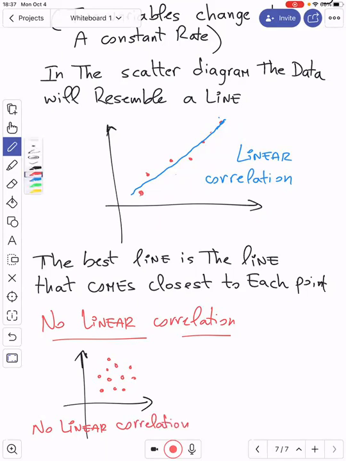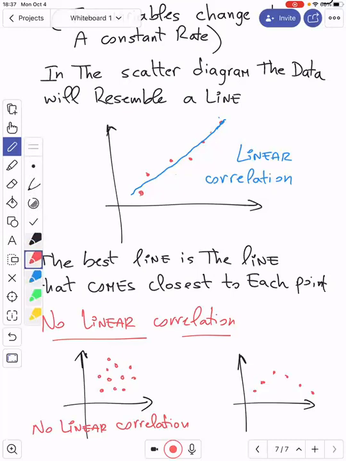Another example. So here, for example, let's say you have these points right here. Again, the idea is that your data do not resemble a line, right? So here you don't have a line. Your data is going to resemble something like this right here, and that's not a straight line, right?